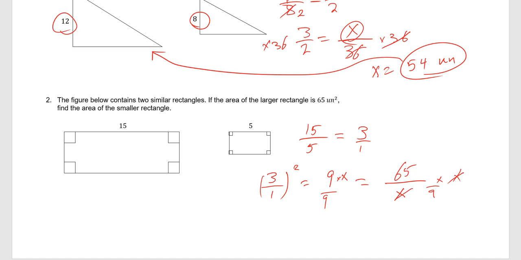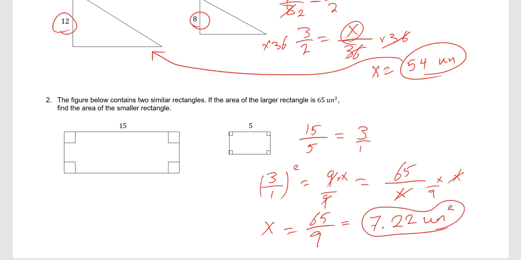So x's cancel, 9's cancel, so we'll get x equals 65 over 9. So 65 divided by 9 is just 7.22 square units. This is the area of the smaller rectangle in comparison to the larger rectangle.